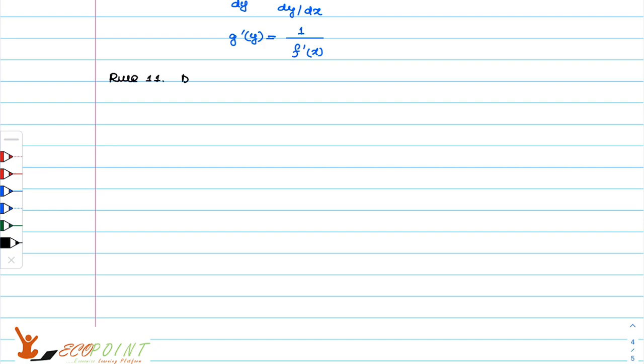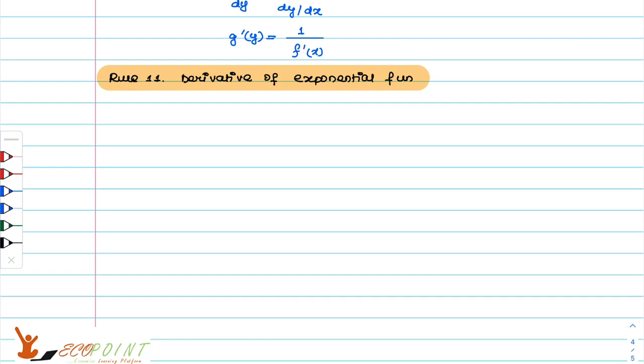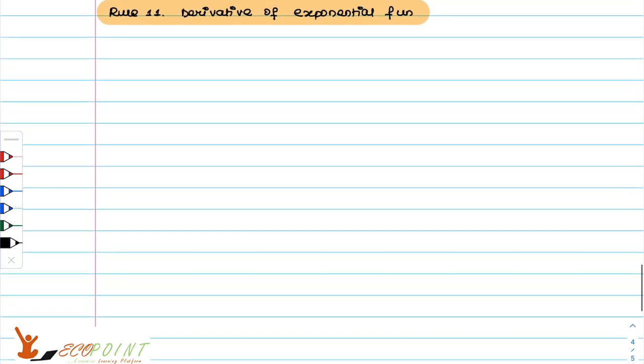Rule 11. Derivative of exponential function. If you have y is equal to ex, then dy by dx is equal to ex.